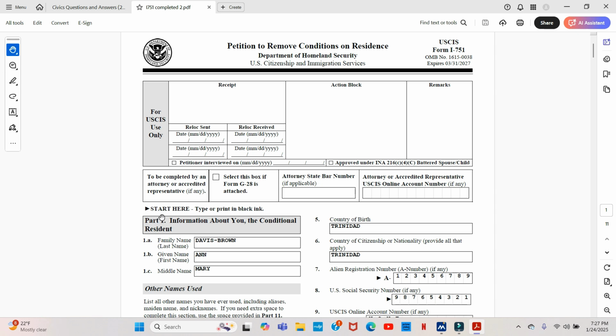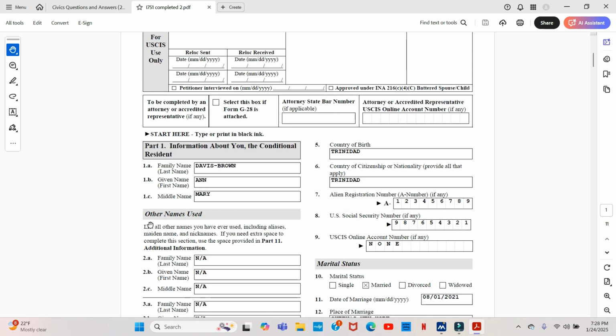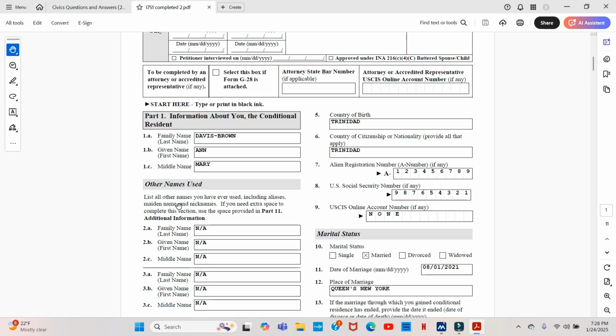You will start completing the form here, and you're starting with your last name followed by your first name and then your middle name. Type or print in black ink. Other names used. List all other names you have ever used, including aliases, maiden name, and nicknames.